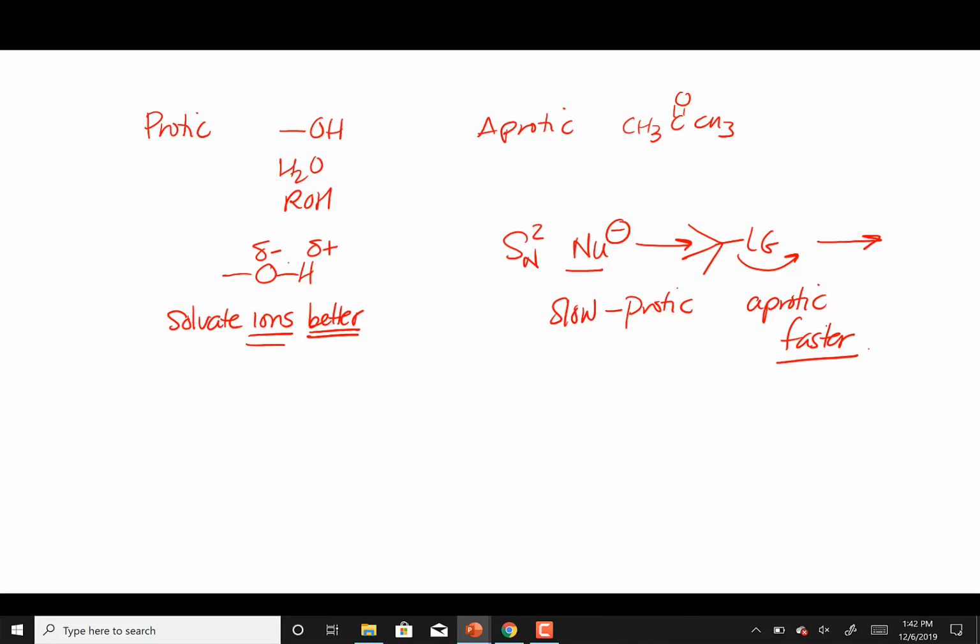So in an SN2 reaction, protic will slow it down by default. Aprotic will make it speed up.